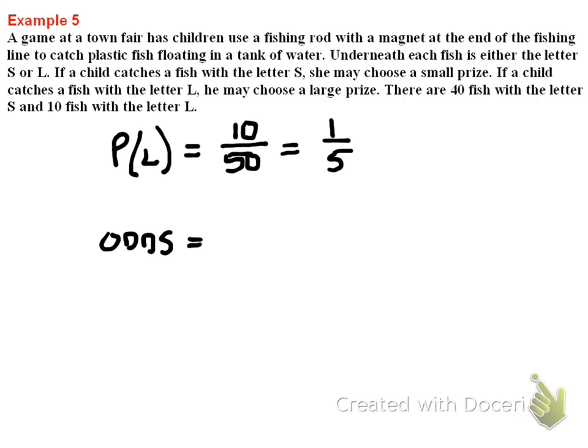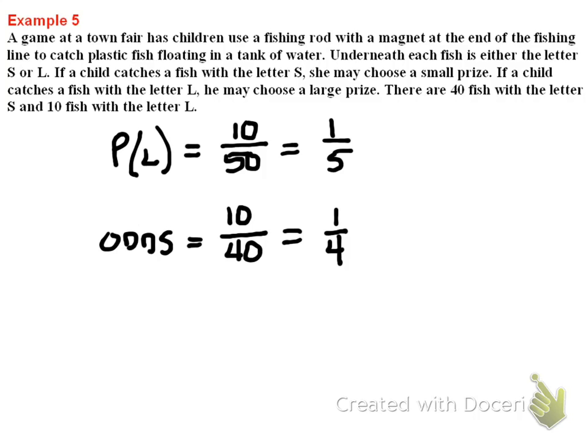In this case, there are 10 fish that I want to catch, the 10 large ones, compared to the 40 that I do not want, because those are the small prizes. So this gives me 1 versus 4 for the odds. I hope that helps you with doing some of your problems with probability and odds.